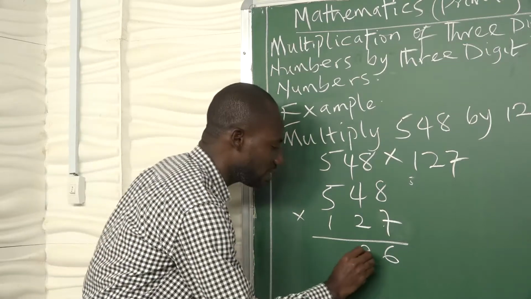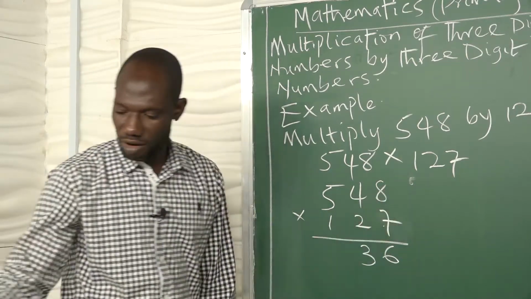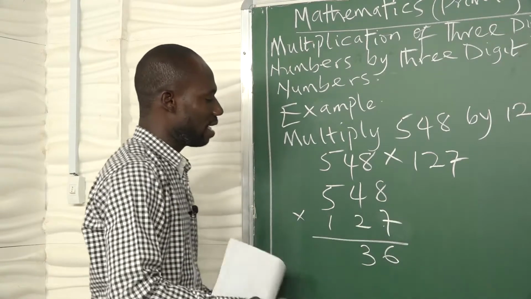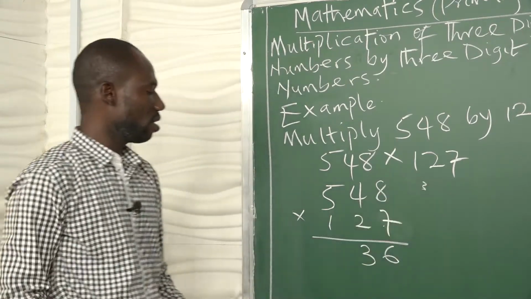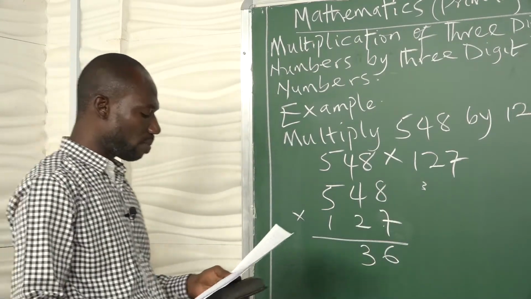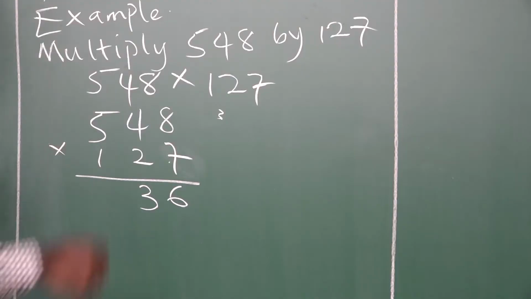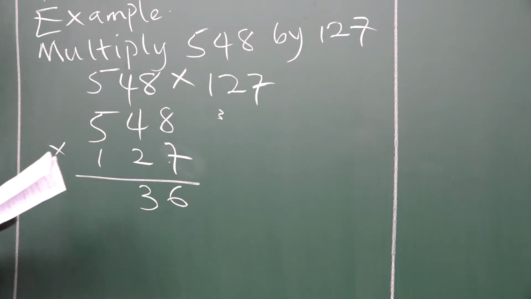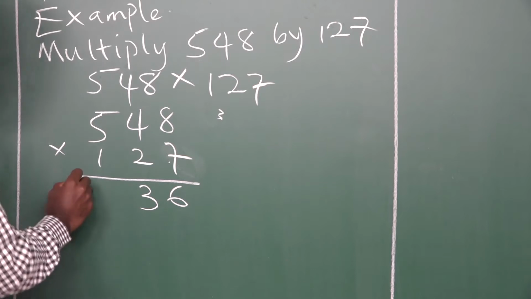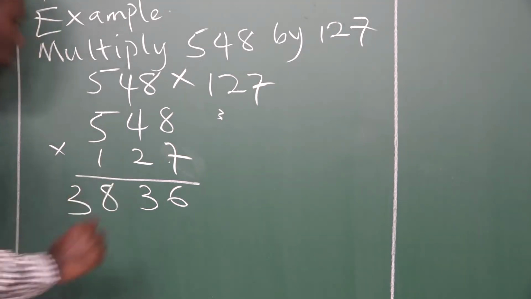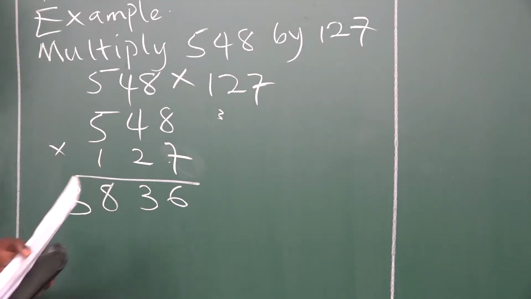So we'll write 3 and keep 3 aside. Now, if we multiply 7 by 5, that will give us 35. 35 plus the 3 we kept aside will give us 38. So we are done with the first part.